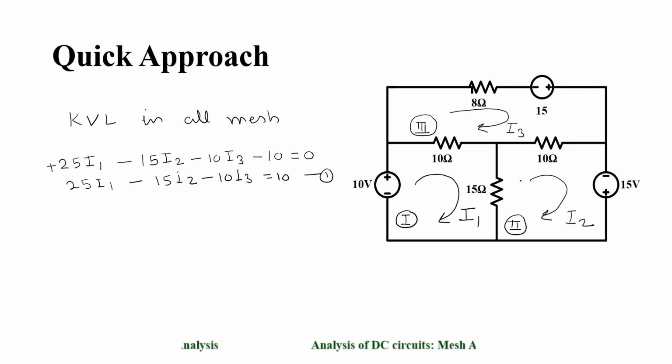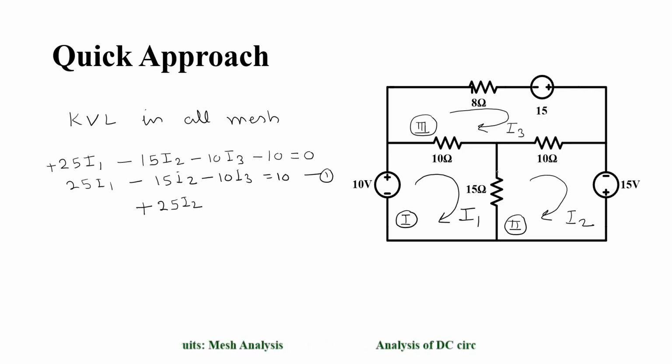Similarly, I can write down the KVL for mesh 2 also. So what will happen over here? Here the coefficient of I2 will be positive. And what will be the value of the coefficient? I am going to add 10 plus 15. This will be 25. So plus 25 I2. And the rest of the coefficients will be negative if the current is flowing.